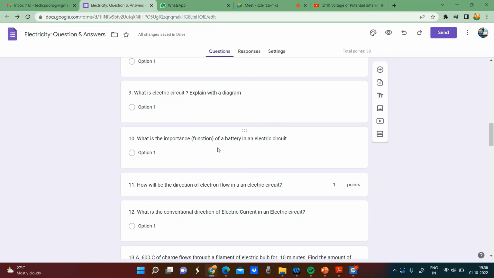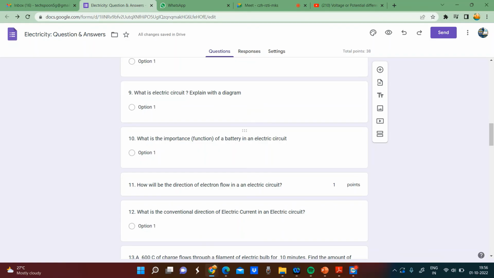What is the importance or function of a battery in an electric circuit? Creates potential difference. Yes.